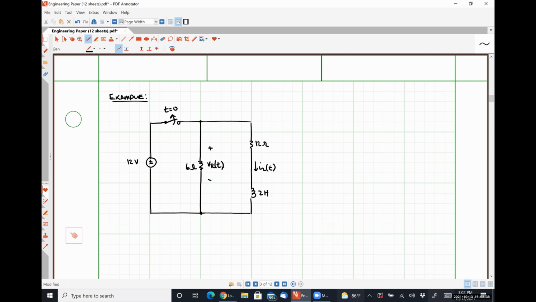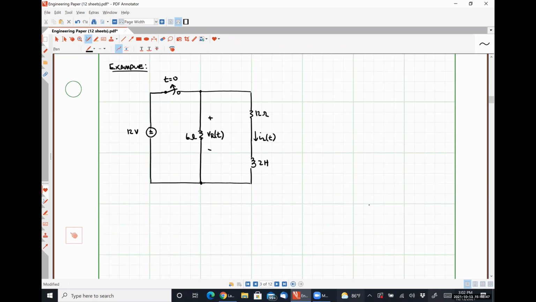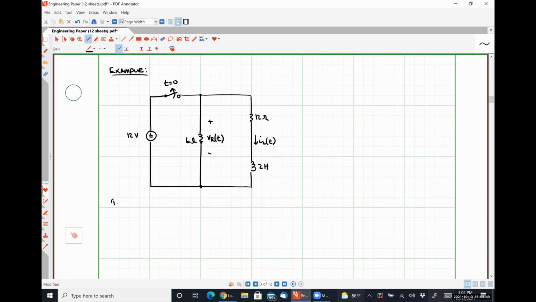We're developing these for an RL circuit, but they will work equally as well for an RC circuit, and that's literally what we're going to talk about next. Okay. Step 1: analyze the circuit at t equal to 0 minus.